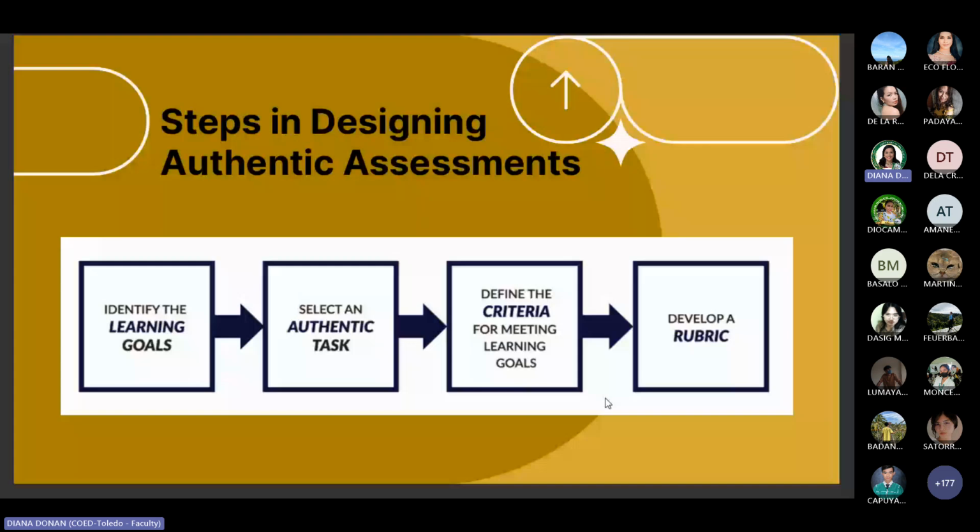So by following these steps, kaning upat, we can create assessments that are engaging, that are fair, and aligned with what truly matters in helping students prepare for life beyond the classroom. Okay, now let's take a quick look at why alignment is essential in teaching and assessment.